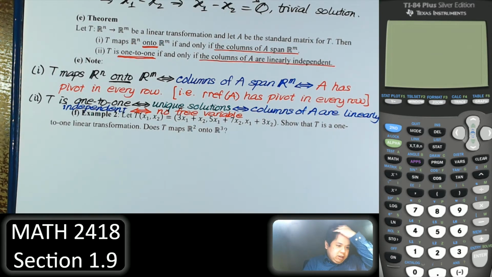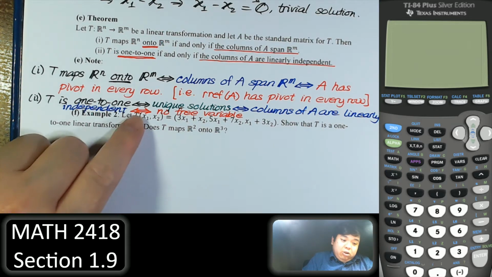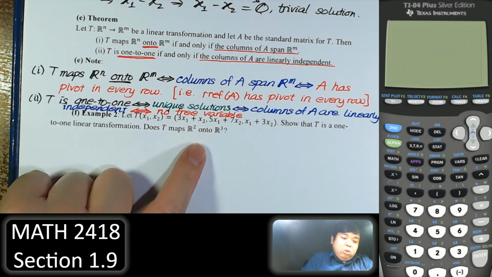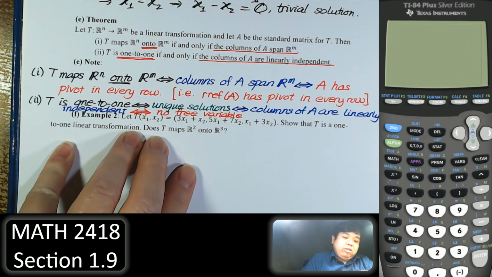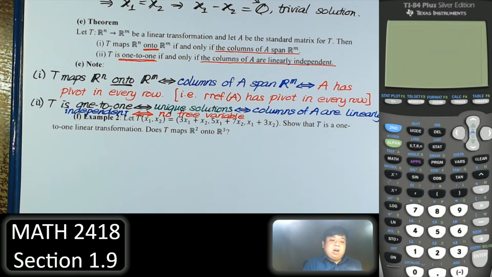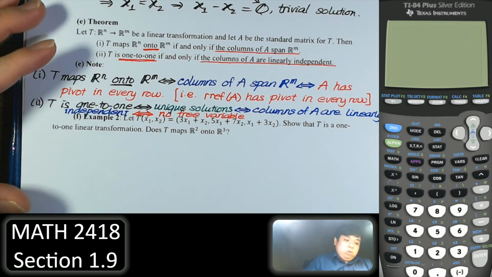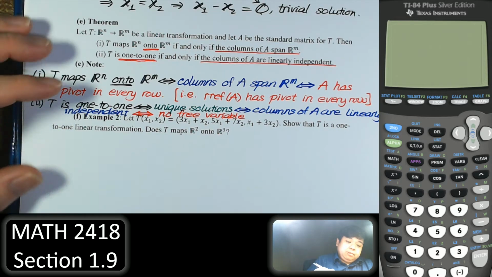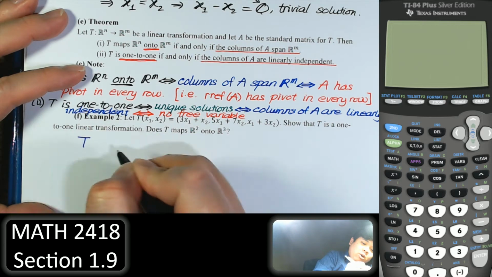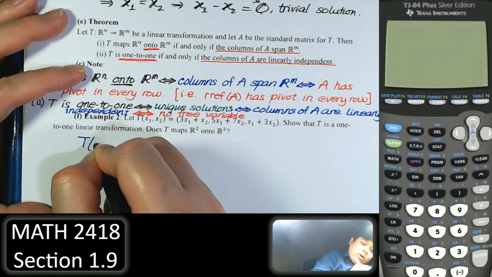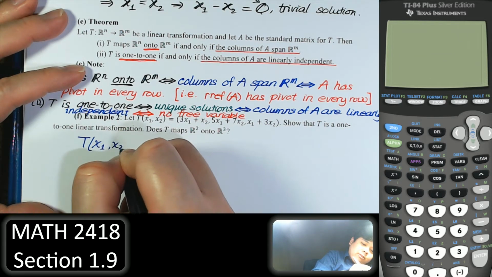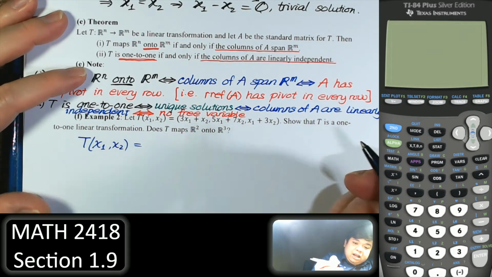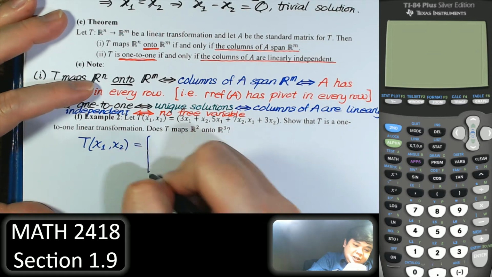Right, let's look at the next example. Let the transformation be that. Show that T is a one-to-one linear transformation, and does T map R2 onto R3? So pretty much it asks whether the transformation is one-to-one or the map is onto. Right. So first, let's write T of x1, x2 as that. Now let's put that in vector form.